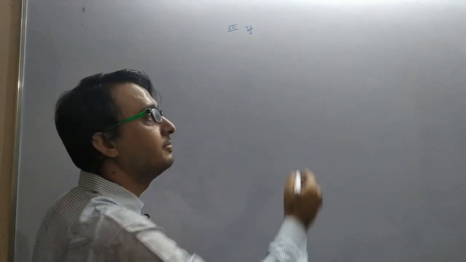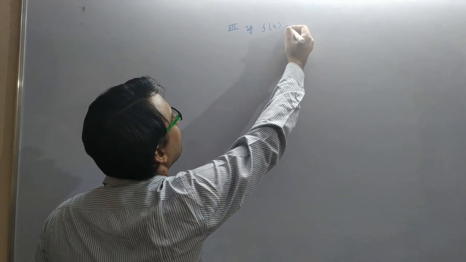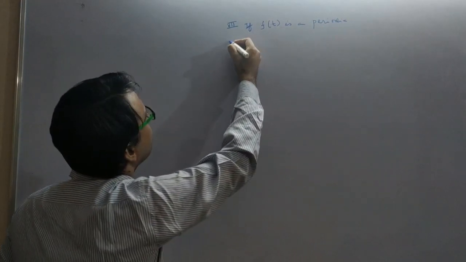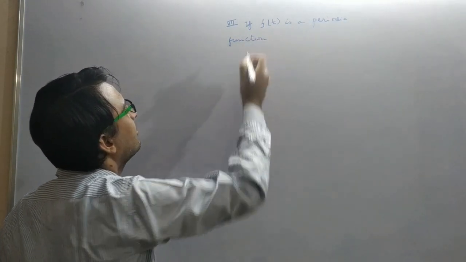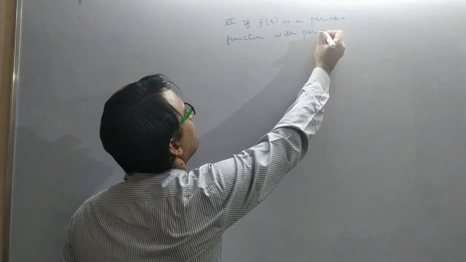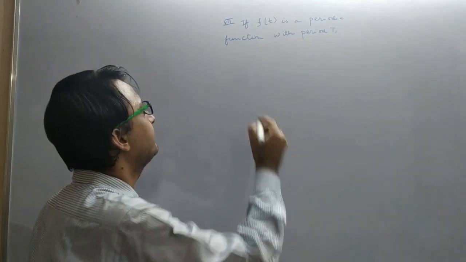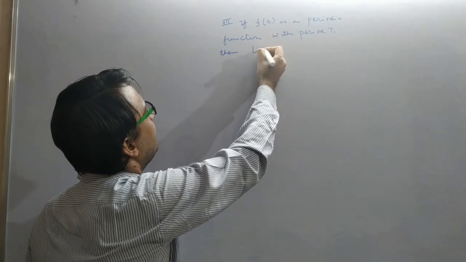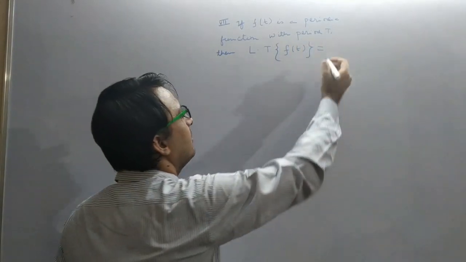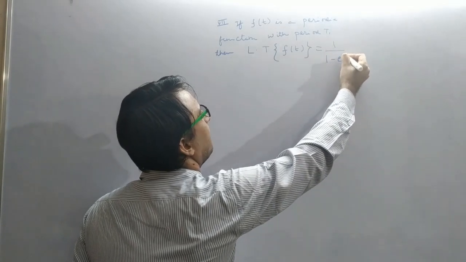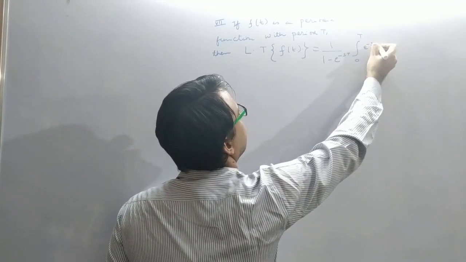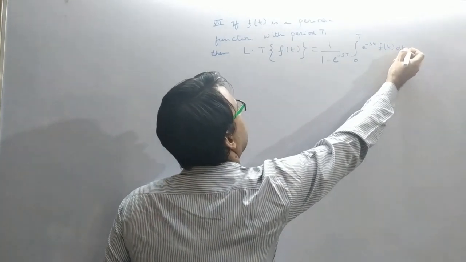If f(t) is a periodic function with period T, then Laplace transform of f(t) is equal to 1 by 1 minus e to the power minus sT, integral 0 to capital T, e to the power minus st f(t) dt.